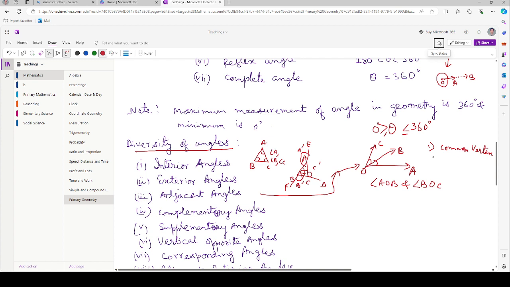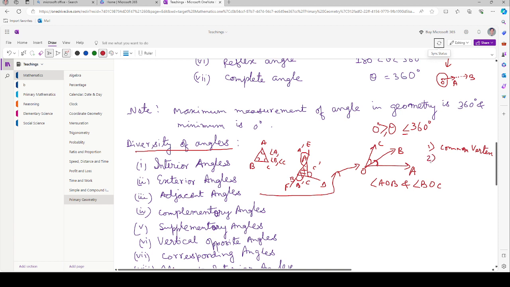If two angles have a common vertex, then it will cover a property of adjacent angles. Here, two angles, angle AOB and angle BOC, have one common vertex, that is O. Right?